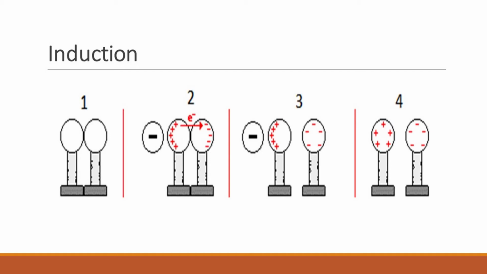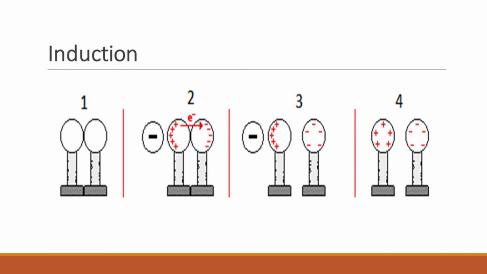charge in the object that is already charged, right? So for the object on the right, we're having excess electrons, okay? They are repelled by the object that is negatively charged. On position 3, we separate the two objects that once were neutral, okay?